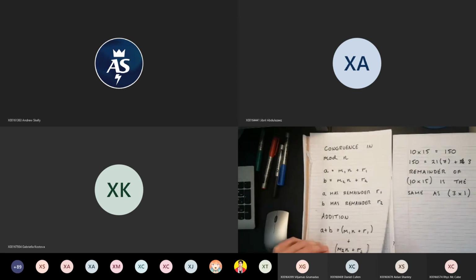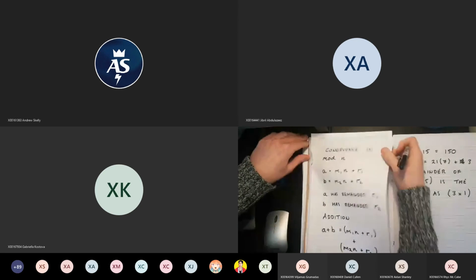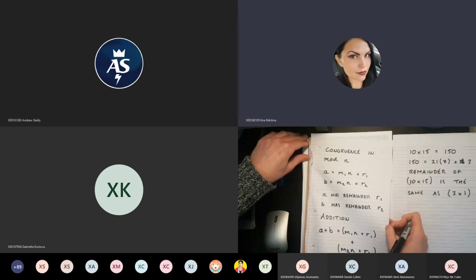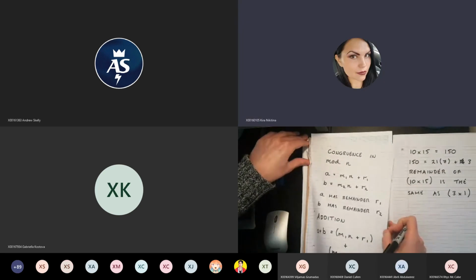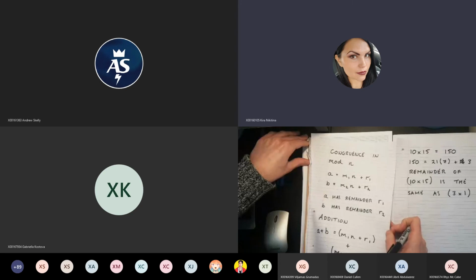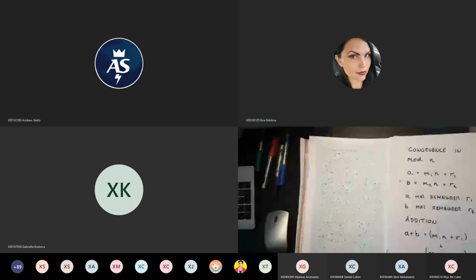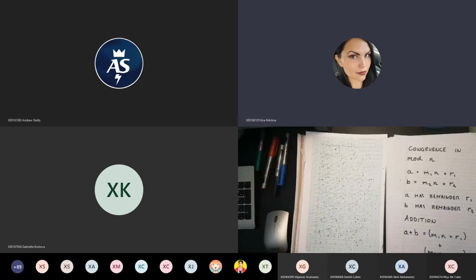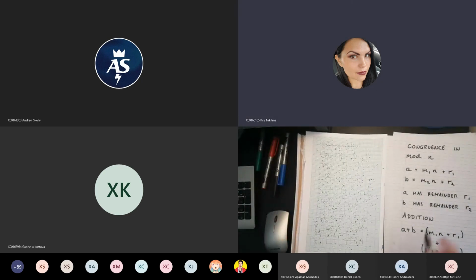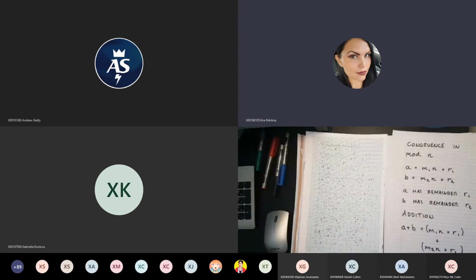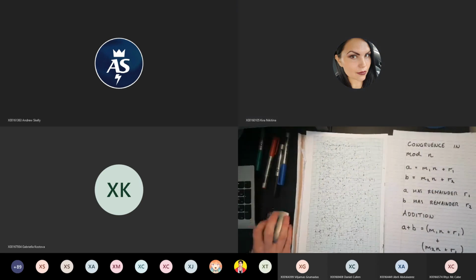Now, Tom, yes, can't see the bottom of the page. Sorry? You can't see the bottom of the page? The first line, a plus b. Is it not in a position you can read it? No, I can read it. It's just that the whole page doesn't fit into the screen. Let me see if I can adjust the camera. I'll have to check my camera feed for a second.